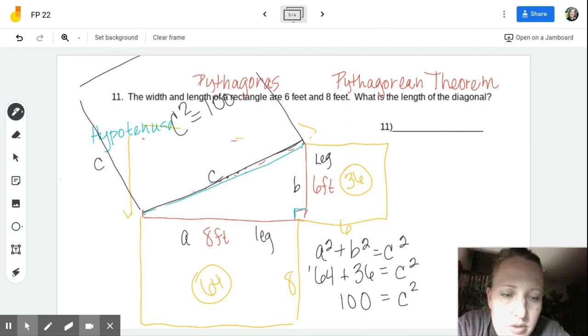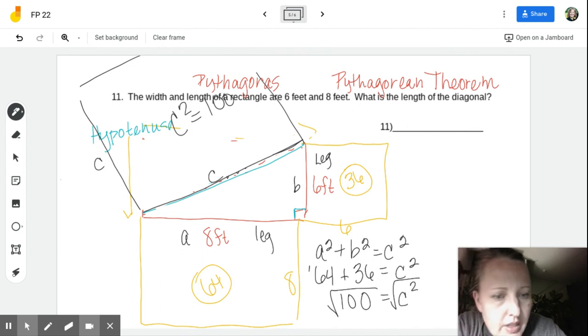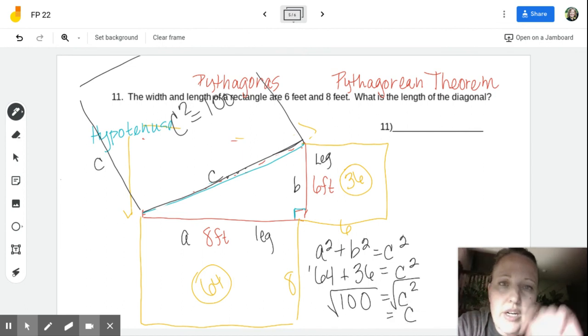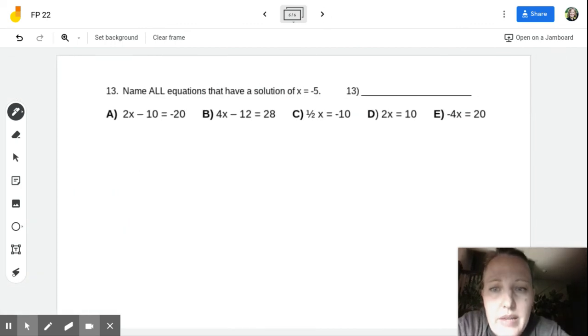So if I know something squared is 100, to undo squaring, I take the square root. The square root of C squared is C, and the square root of 100 is 10. 10 times 10 is 100. So what is the length of the diagonal? 10 feet. Beautiful.